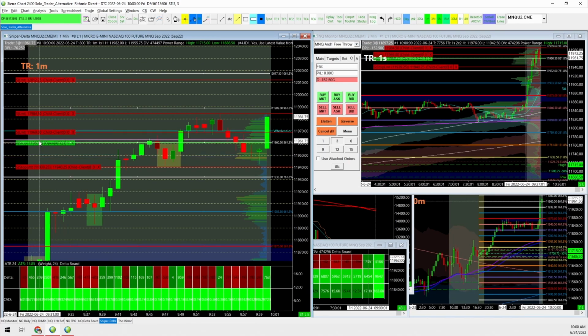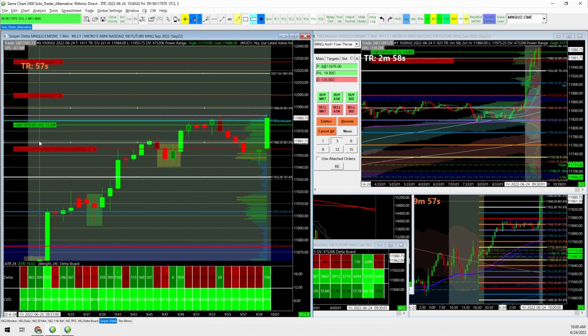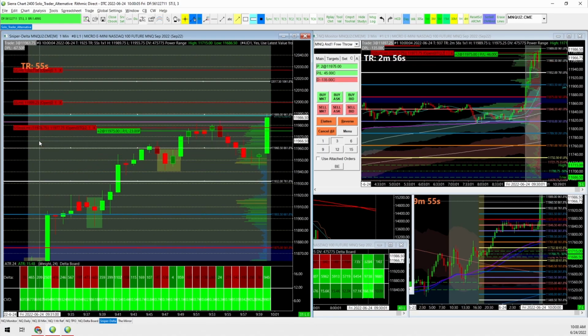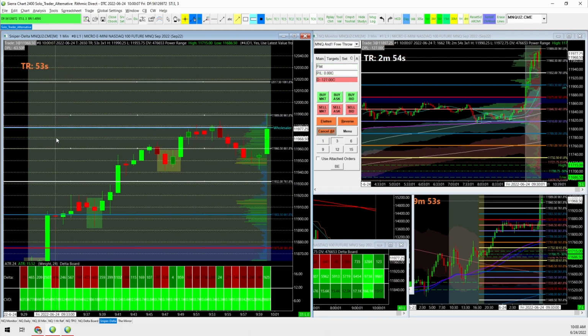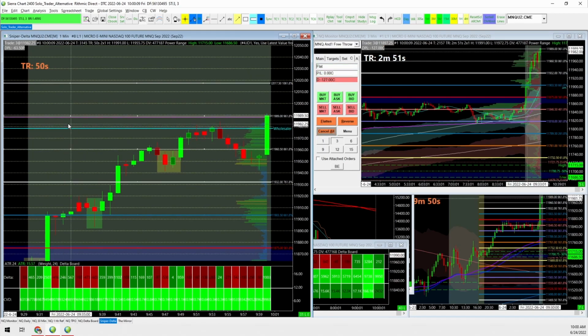Interesting print. This is okay, I'll take it. A little bit of slippage there too. Caused some quick momentum. A whole heap of momentum right there.